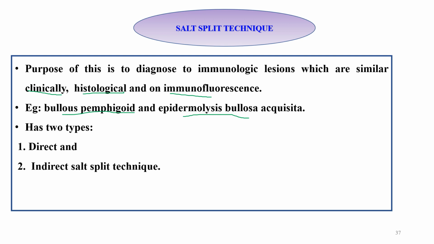So this technique actually involves the artificial splitting of the skin at the level of lamina lucida by incubating the tissue in 1 molar solution of sodium chloride for 24 hours. So this is again of two types. One is direct and indirect salt split technique.